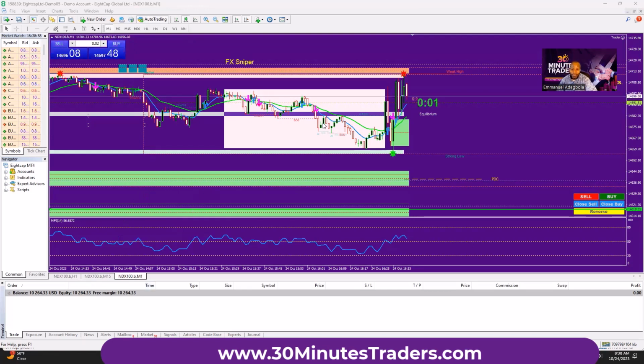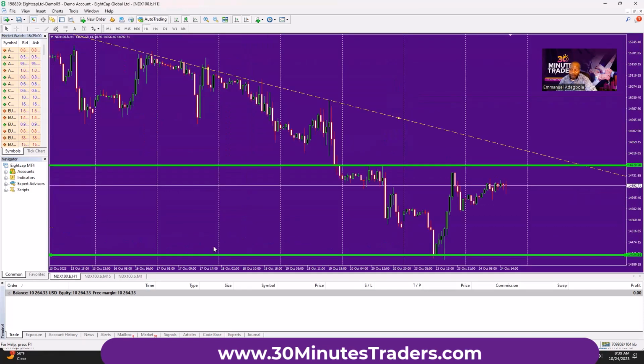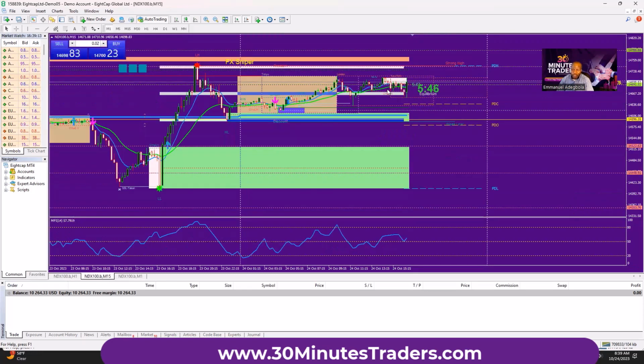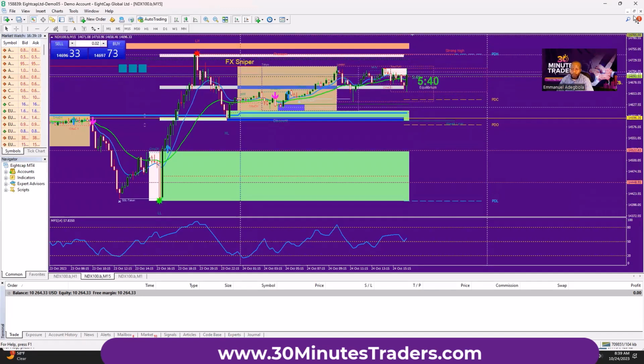Okay, so this is where we are, but I'm thinking it's still going to pull up. If you are a swing trader, you can just put a buy, but then either your stop loss is way down here, or you don't even use a stop loss at all because of the news.